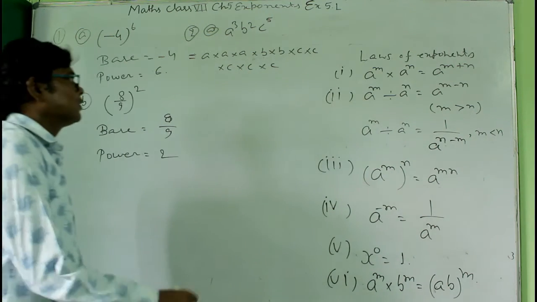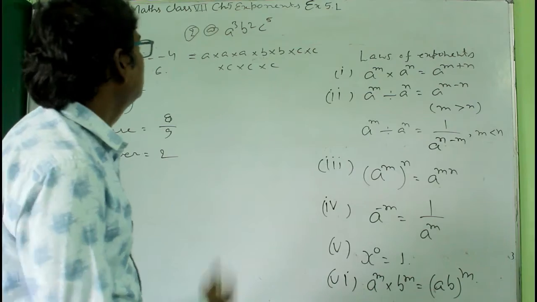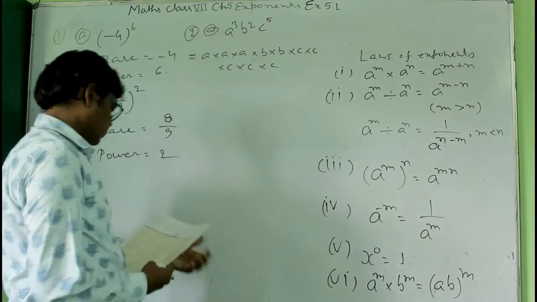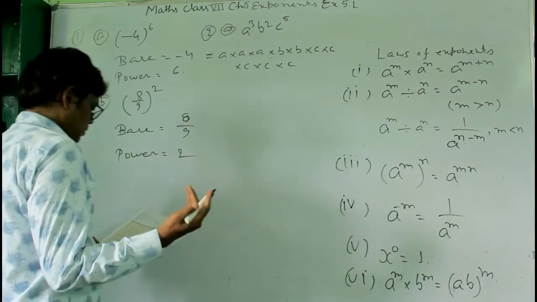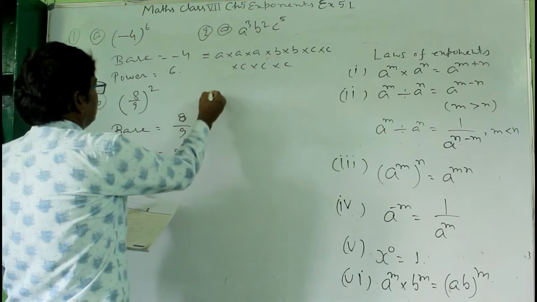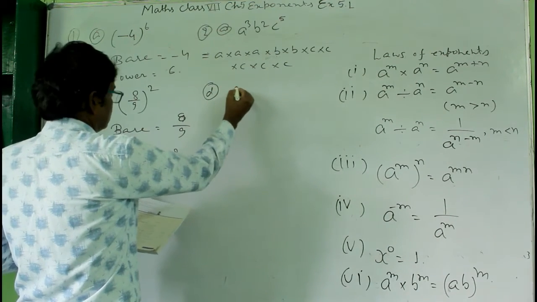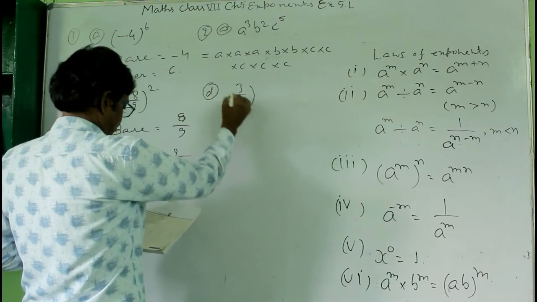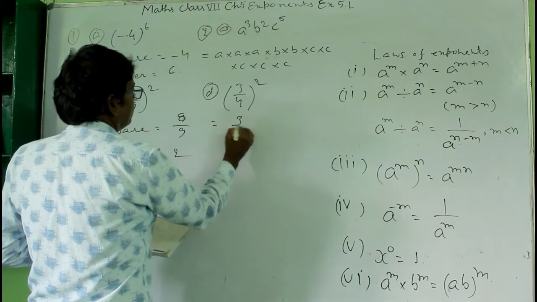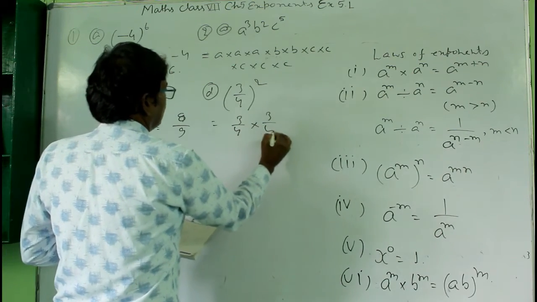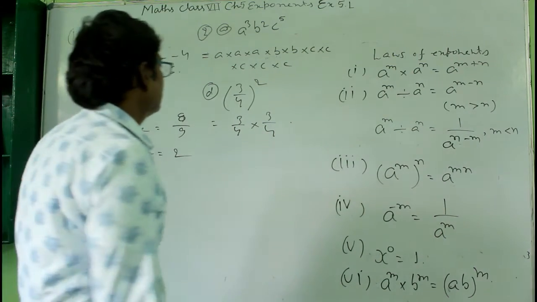Okay, so this is the expanded form of this expression. Similarly you can expand any other. So here I will expand question number D, and you will do the rest of the questions yourself. It will be equal to 3 by 4 into 3 by 4. Okay, so in this way you can expand.